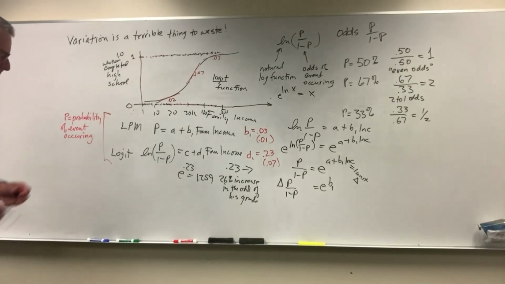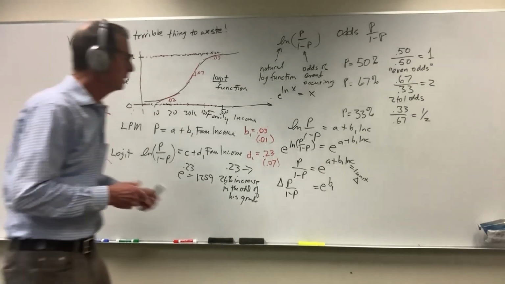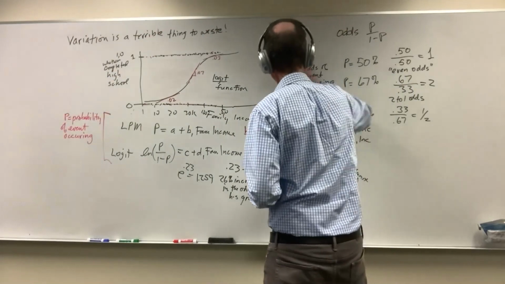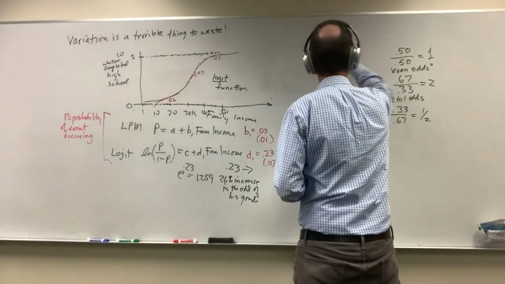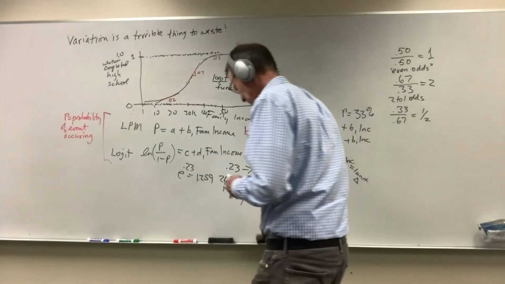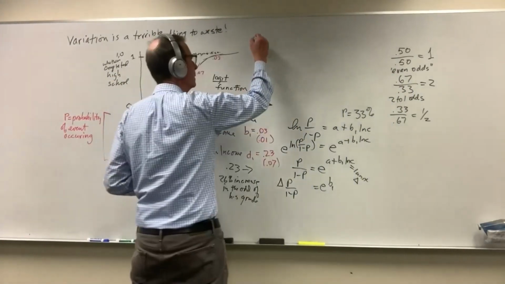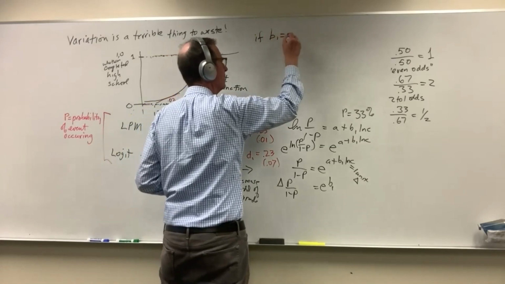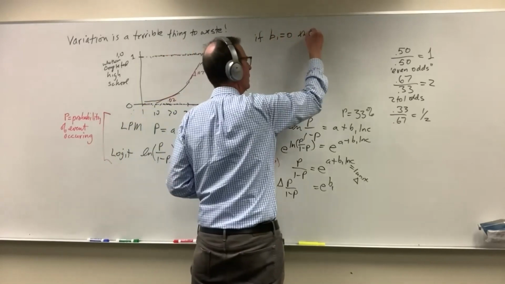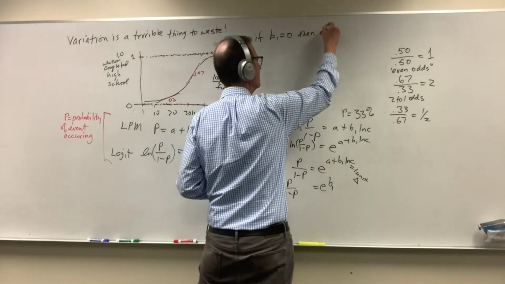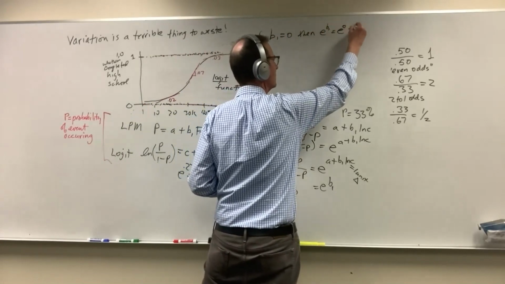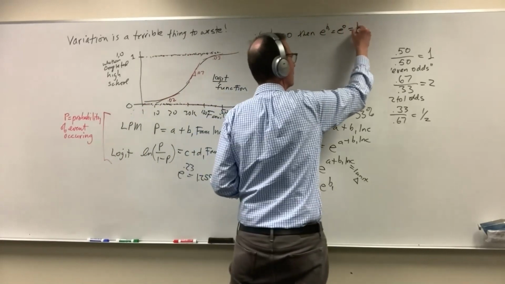So let's clear off a little board here. If B1 equals 0, then e to the B1 equals e to the 0, and anything to the 0 power is just 1.